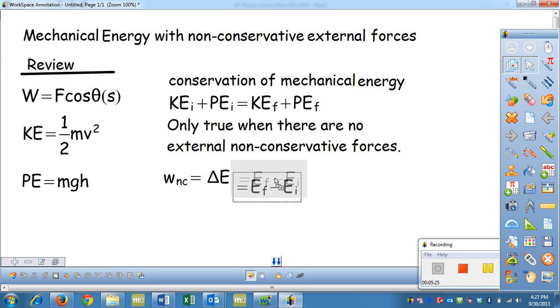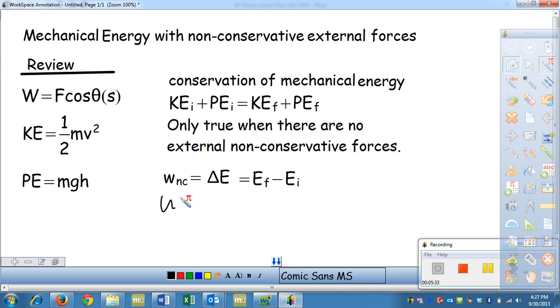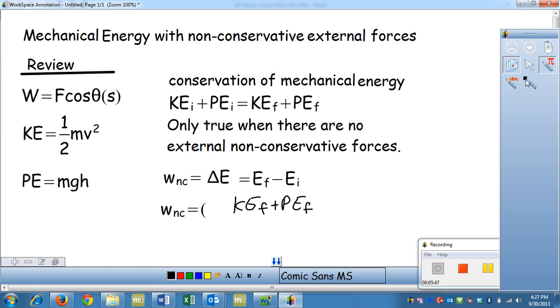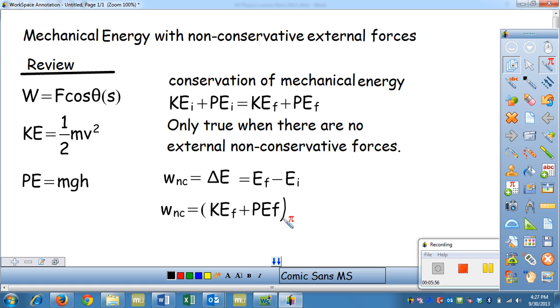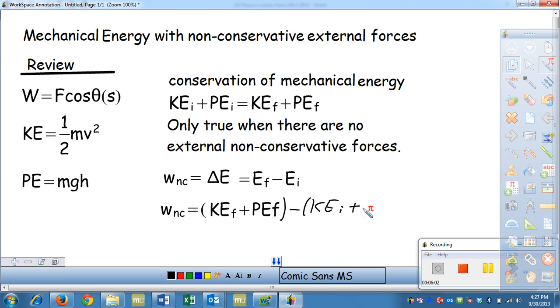The mechanical energy is just the kinetic energy plus the potential energy. So we have the work done by non-conservative forces equals the kinetic energy final plus the potential energy final minus the kinetic energy initial plus the potential energy initial.